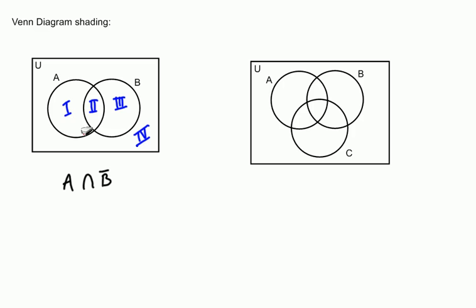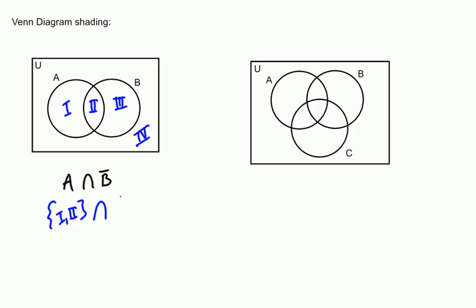And then what you can do is basically turn this Venn diagram problem into a set operation problem like we did in the previous section. So when we look at the set A over here, A is really just the set of regions I and II. So we'll represent A as I and II. And we want to intersect that with B complement. Well, since B includes II and III, B complement includes I and IV.